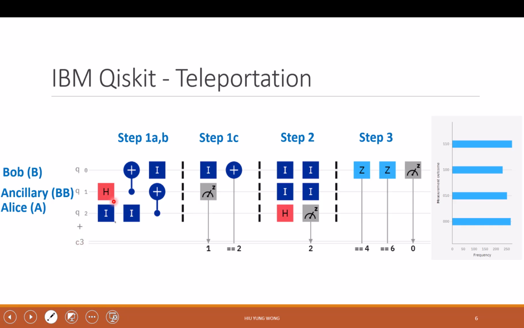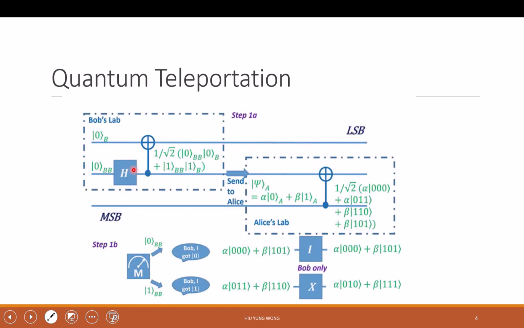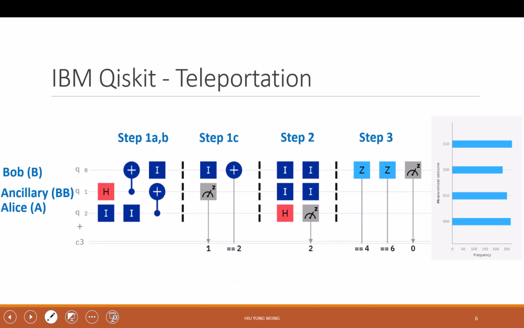Now, the first thing you see that Alex, actually I kind of swapped this one. No, sorry. Bob is going to do an entanglement for his qubit, Hadamard gate and control NOT gate. Right, take a look here. Hadamard gate, control NOT gate. So this is okay, right?